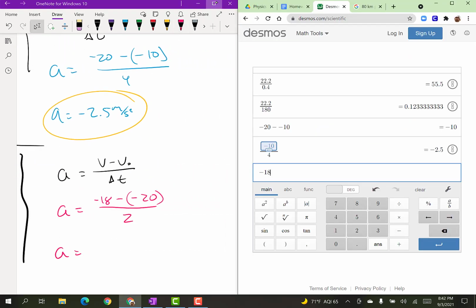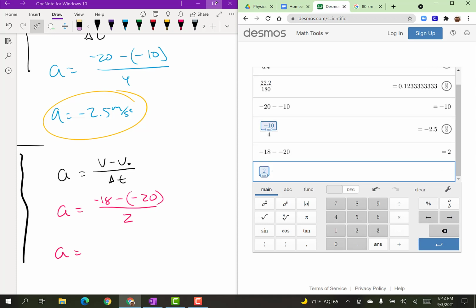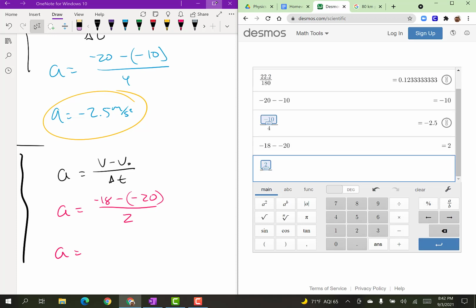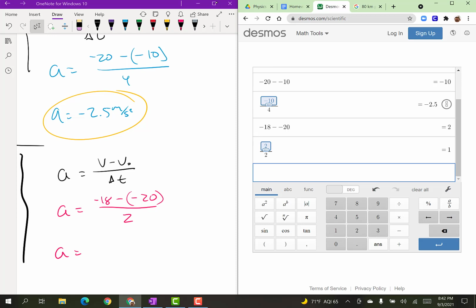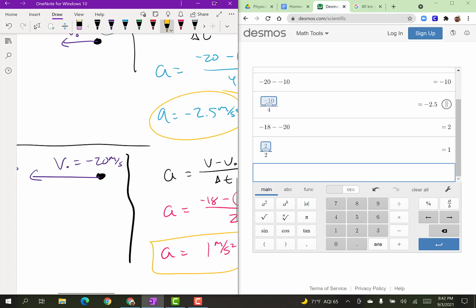So the acceleration here, again, I'll plug all that in. So negative 18 minus negative 20, which is basically negative 18 plus 20. So I get that divided by 2, and I get 1. So it's a positive 1 meter per second squared. There we go.